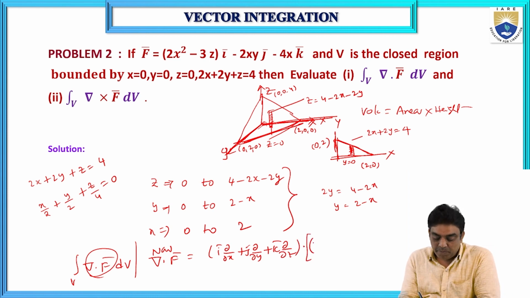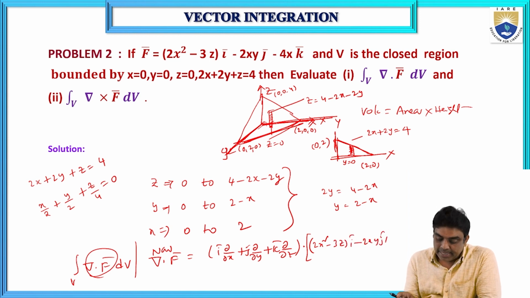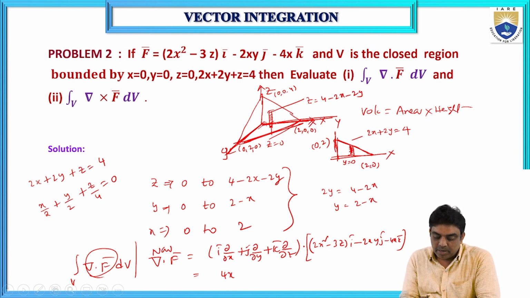What is f bar? f bar is (2x square minus 3z) i bar minus 2xy j bar minus 4x k bar. So operating with the dot product: i bar, dou by dou x of this one is 4x only. i bar dot j bar is 0, i bar dot k bar is 0.